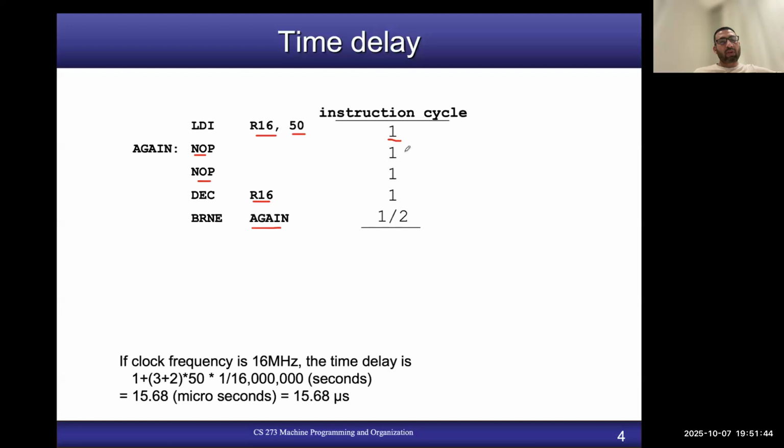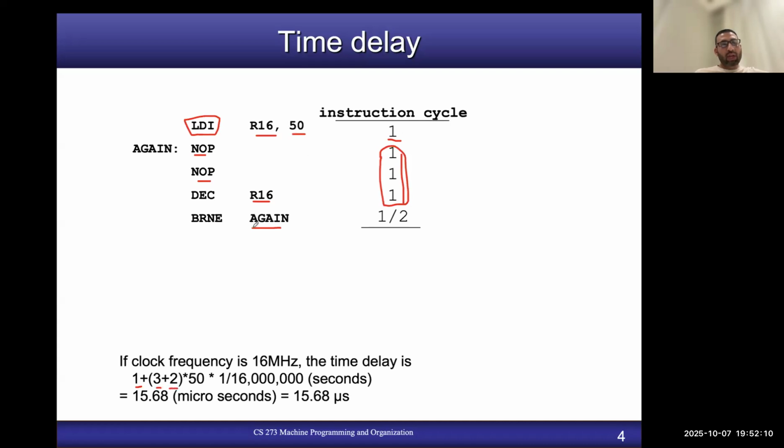Load immediate takes one cycle, all of them take one cycle, and branch not equal, as I explained, may take two cycles or one cycle to complete, right? Doing the math in the same way, you can find the number. This one is for the load immediate instruction, and then we have this three, by adding these three cycles, and this two for branch not equal, times 50.